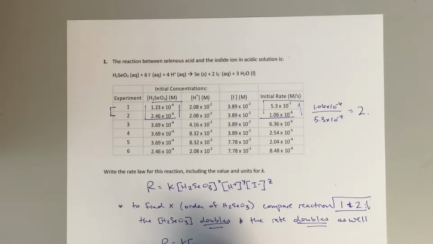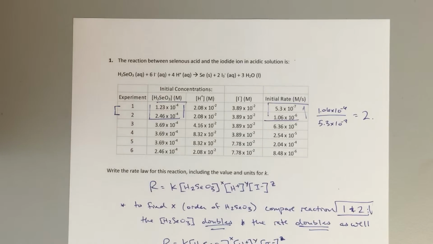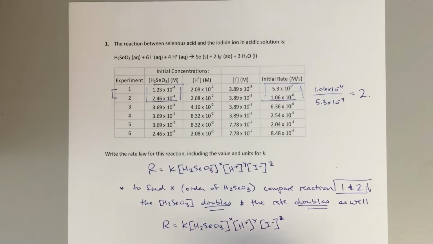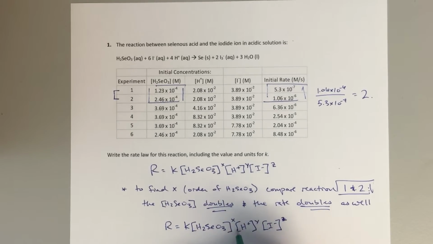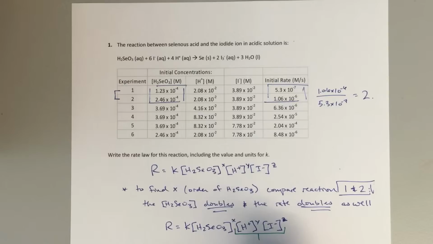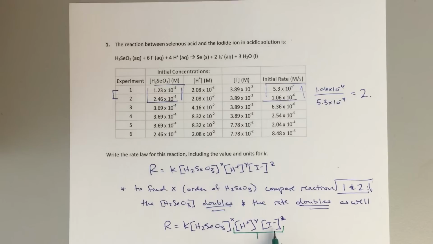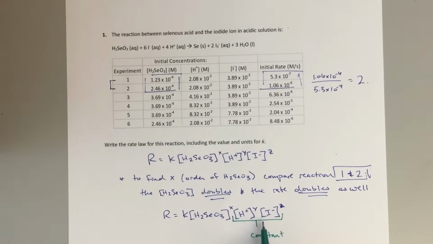So let's go back to our initial rate law. And what I'm trying to illustrate here is that some of this stuff is going to be constant. In this case, my concentration of H plus and my concentration of I minus are not changing, right?